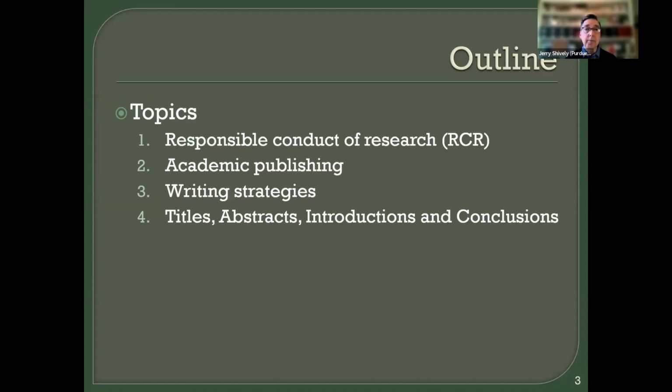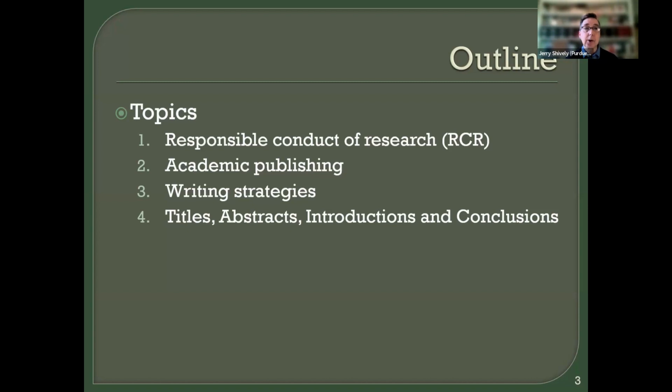I think that it's helpful when you're trying to get your papers published to understand how journals work, what's happening behind the scenes, and that can help you a little bit in strategizing about how to publish your own papers. Then the third topic that I want to discuss is basic strategies for writing.